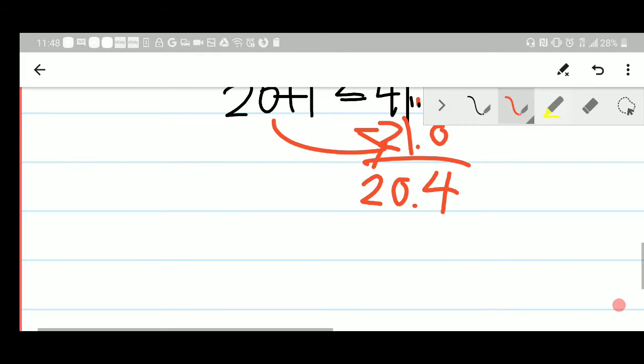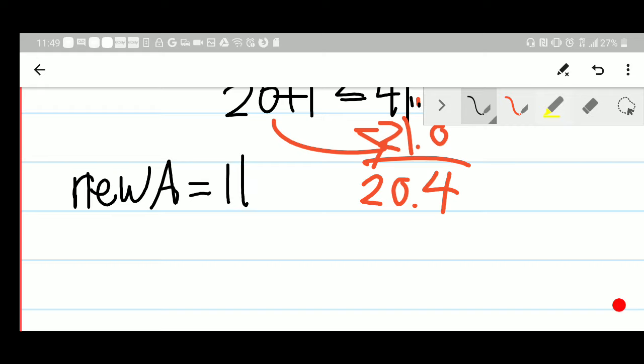That's your remainder. So we want another number. So our new a is 11. So when we do that, that means that we have to move our decimal 1, 2 places.